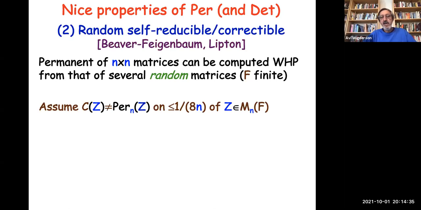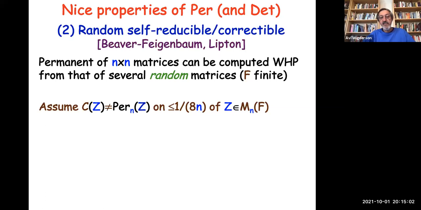It's a familiar issue in program testing and program correction. You have maybe a program that makes some errors and you want to transform it into one that is always correct, at least with high probability on every instance. Of course, you don't know which matrices it makes an error on.